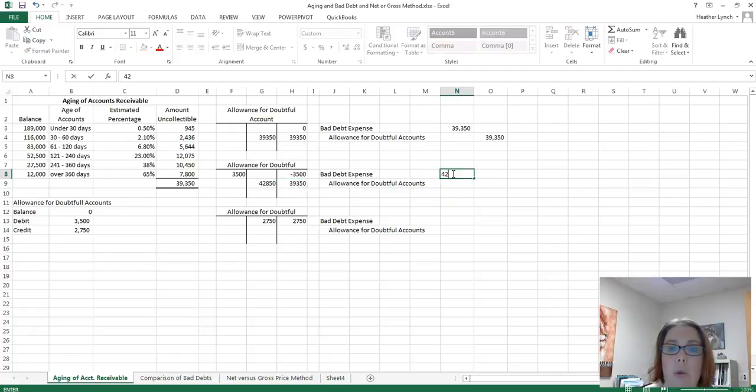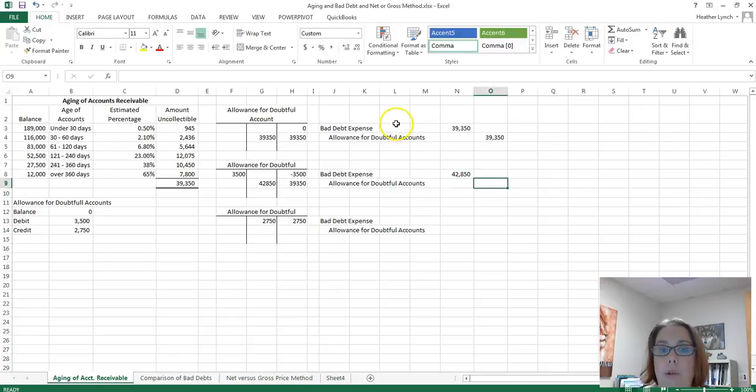So we're going to do a debit to bad debt expense of $42,850 and a credit to allowance for doubtful accounts of $42,850, because I need my ending balance for the allowance for doubtful accounts to be $39,350.